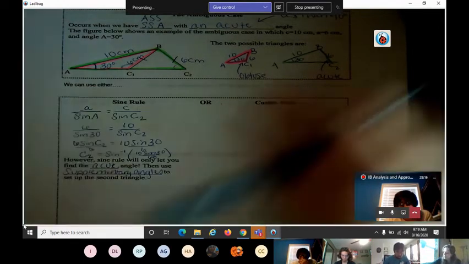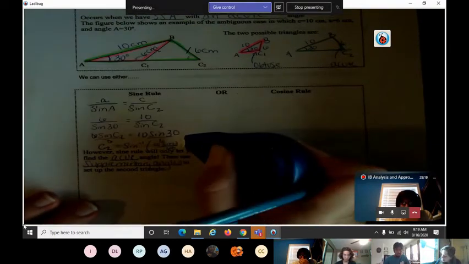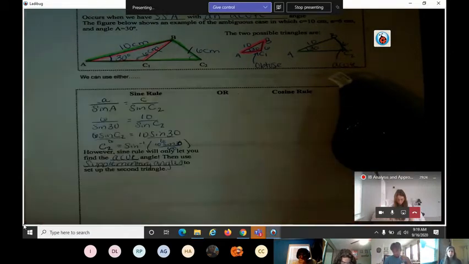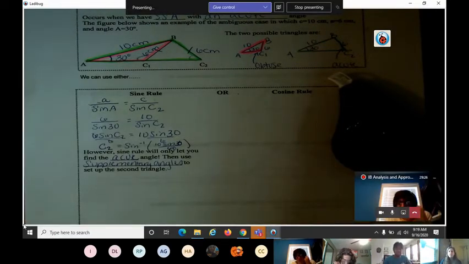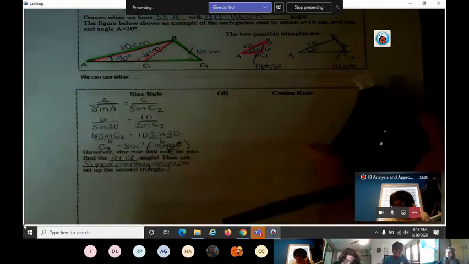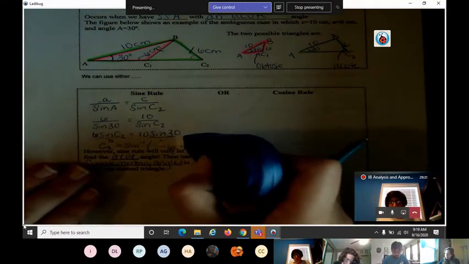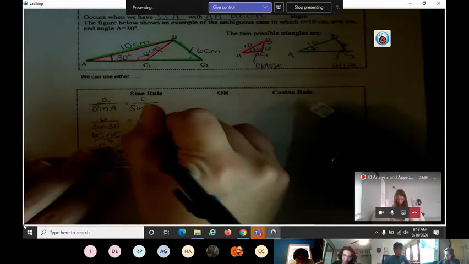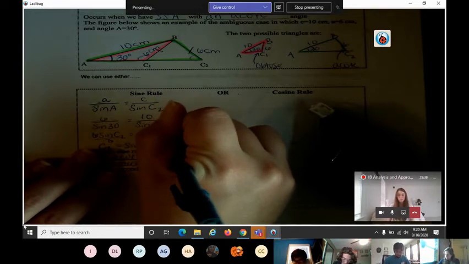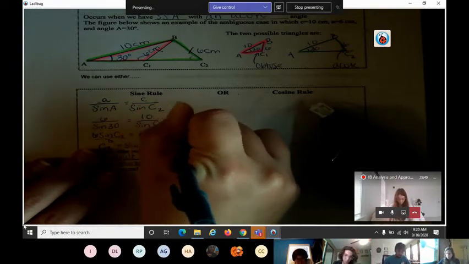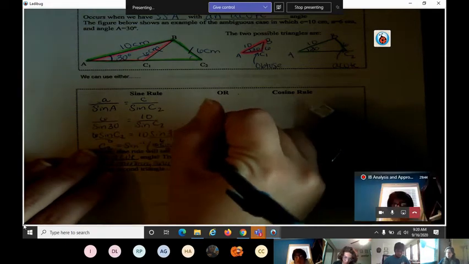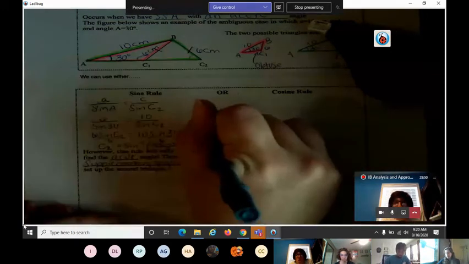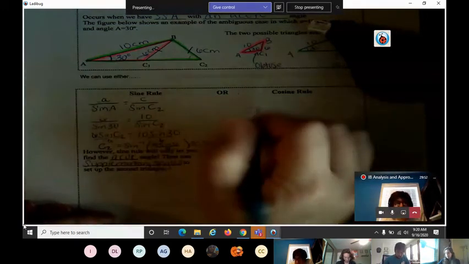That was really ugly, it looks like 3 degrees instead of 30. When you stick this in your calculator, you should get about 56.4 degrees is our C2.